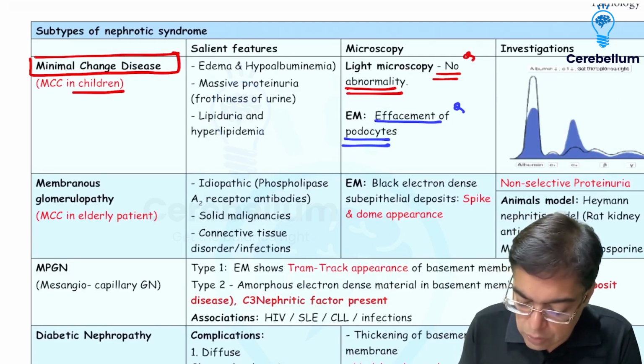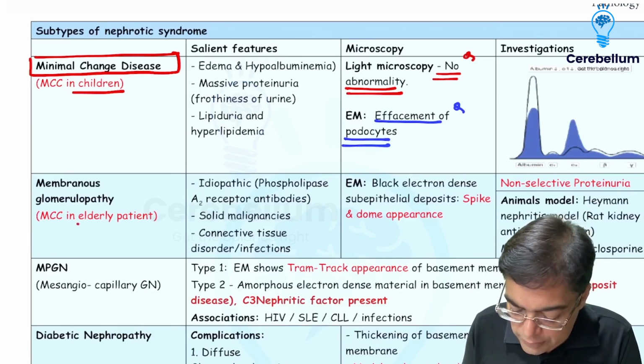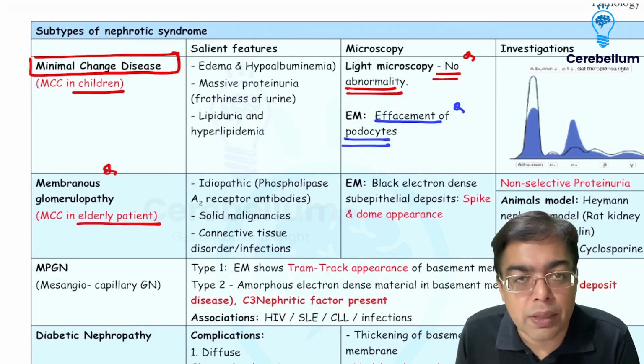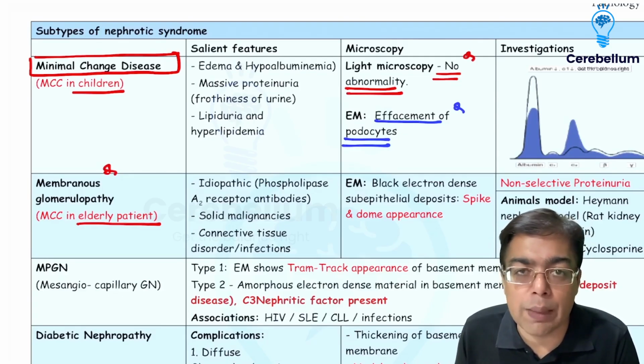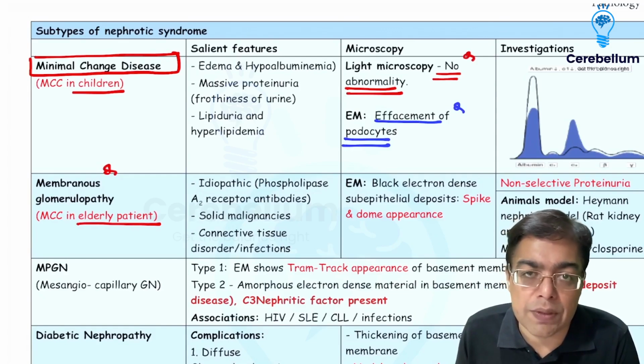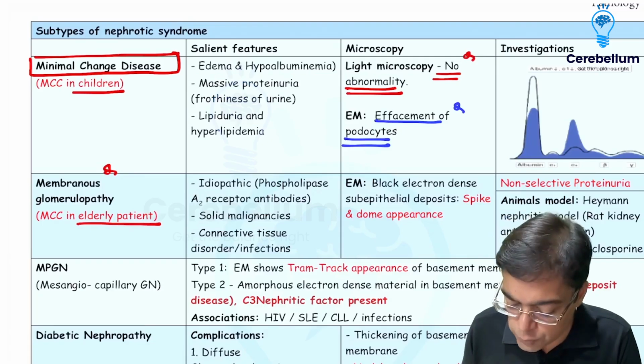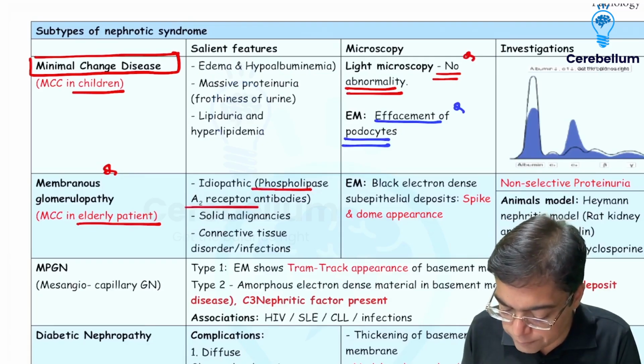Whenever we are talking about the commonest cause of nephrotic syndrome in an elderly individual, that is membranous glomerulopathy. For most individuals, the cause is unknown, so it is idiopathic. However, the idiopathic variant is associated with a specific type of antibody that can be seen in the patients, which is called the phospholipase A2 receptor antibody.